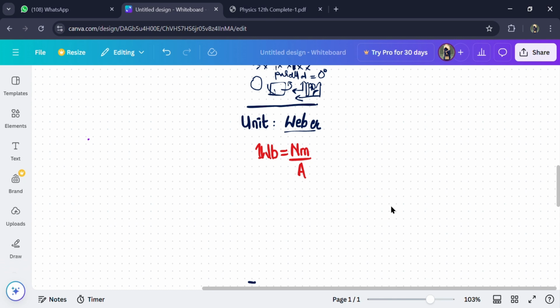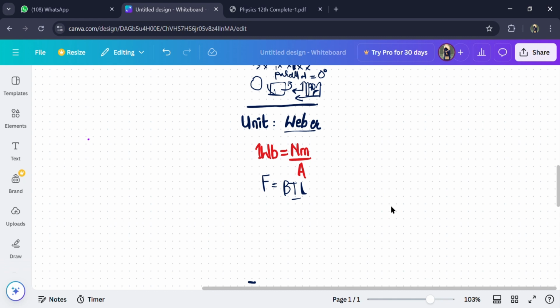Well, one more thing. Maybe it can be asked from you how we got Newton meter per ampere. So we have studied a formula that the force being applied on the magnetic field is equal to BIL, according to Ampere's law of the magnetic fields.